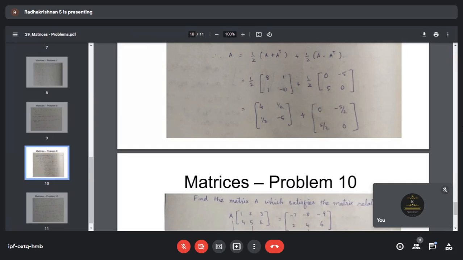Yes, it has to be 2 by 2. Because the second matrix has two rows, the first matrix has to have two columns, right?